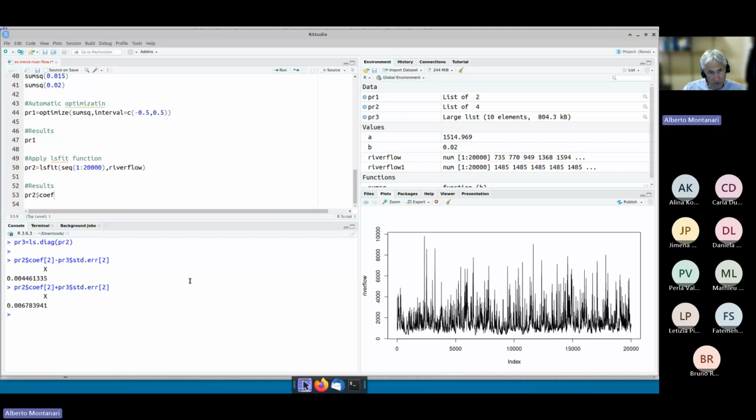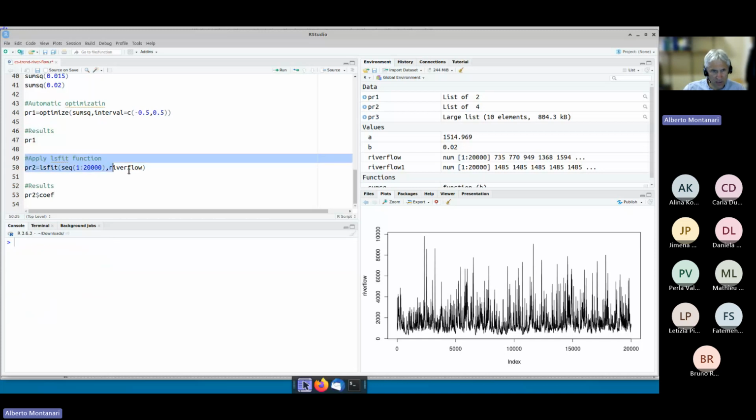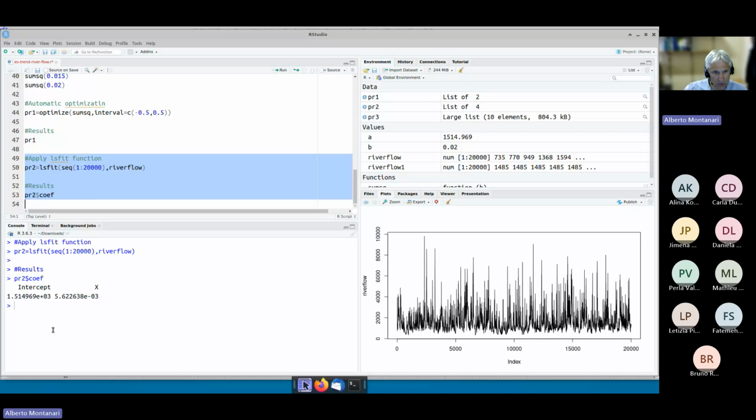So how did I compute it? Let me just make a summary, because meanwhile I got the warning that made the computation a little bit complicated. So remember that we estimate the straight line by using this function lsfit, and I can see the results by displaying the coefficients.